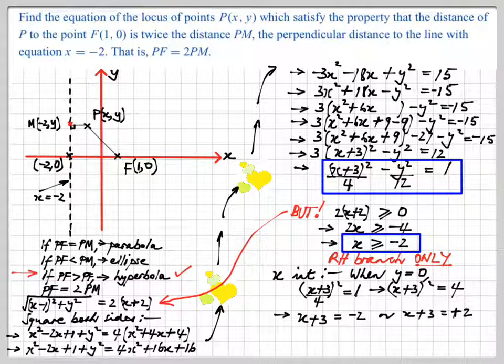There it is. However, just a minute, it's only one branch, so one of them is an imposter. I think I've just discovered the imposter, haven't I? Yes, x has to be greater than or equal to minus 2. So there's your x-intercept.